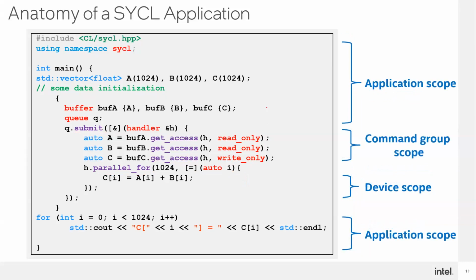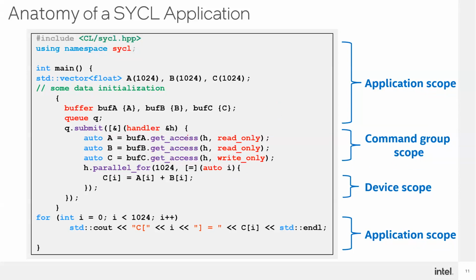What is also important is to understand all kinds of scopes. Application scope is a usual scope coming from C++, and all the rules are applicable as usual. However, there is the so-called command group scope.